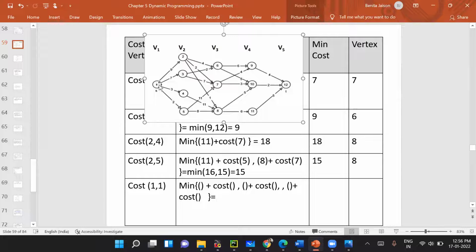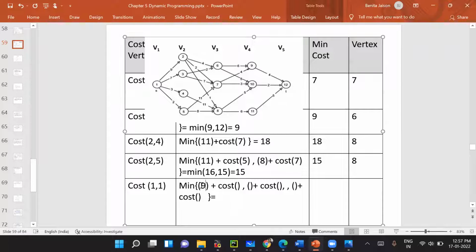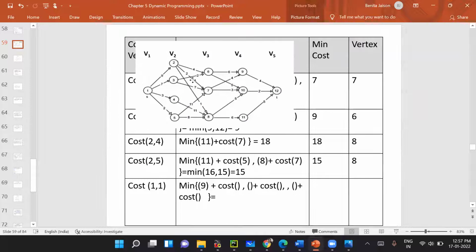In stage 1 we have only one vertex, but the problem is it is having 4 edges, right? We have to find the minimum of these 4 edges. Got it? So what is the first edge? It is from vertex 1 to 2. The edge cost is 9. And the cost of vertex 2 in stage 2, we have calculated it as 7, right?